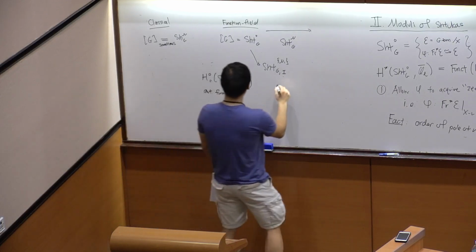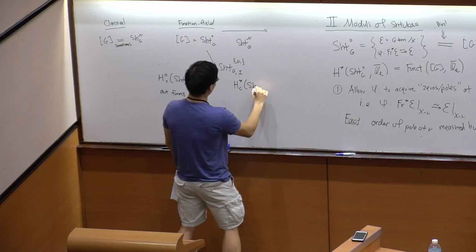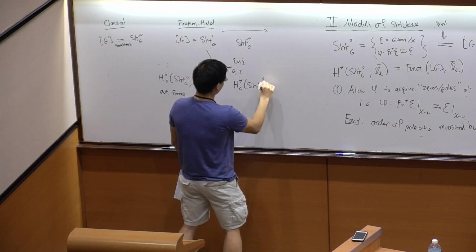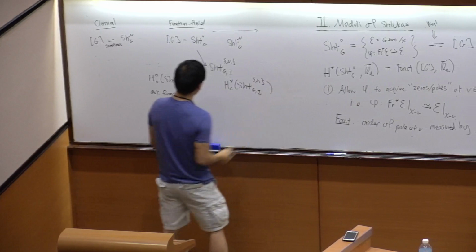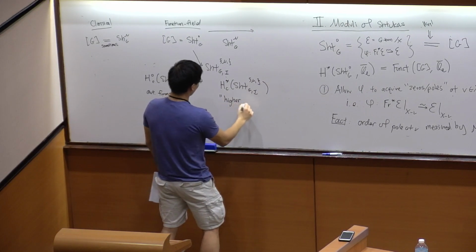And I want to advocate the point of view that we should consider the cohomology of these more general objects as well, and that we should think of these as being spaces of higher automorphic forms.